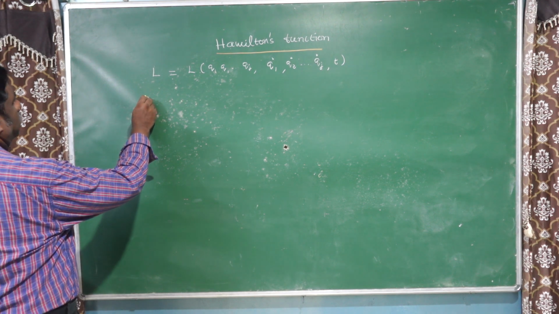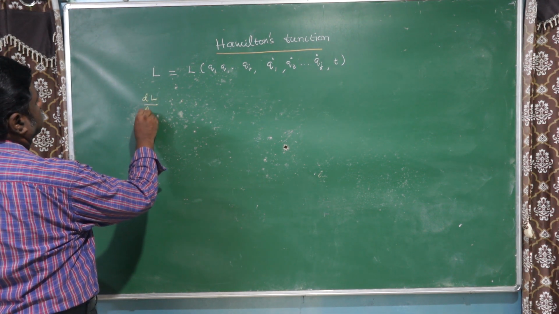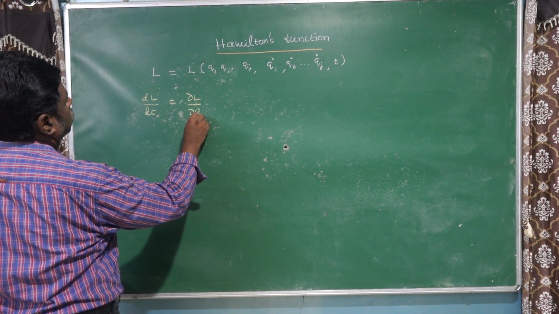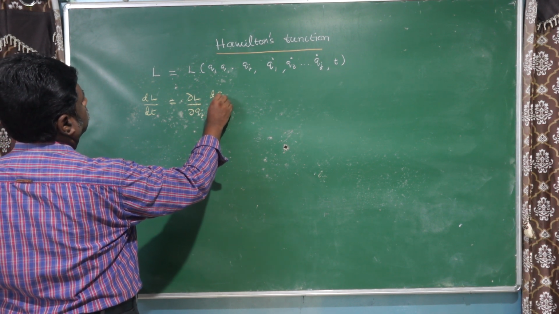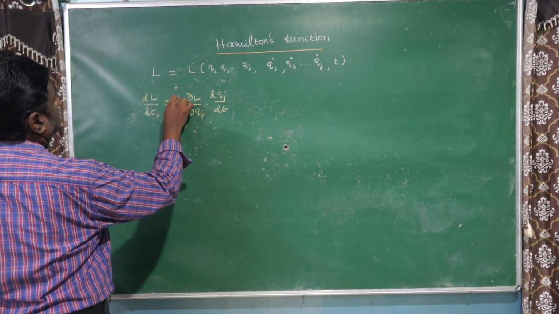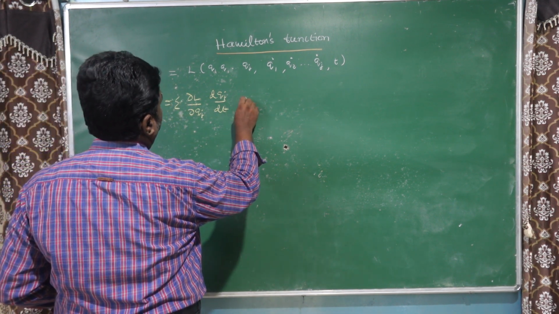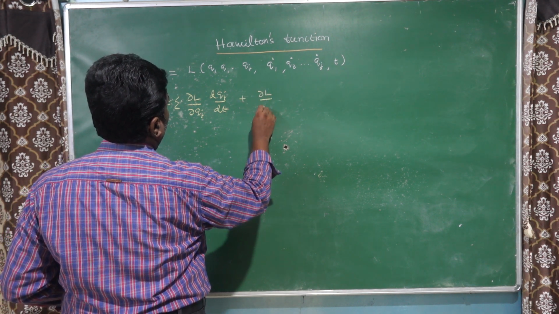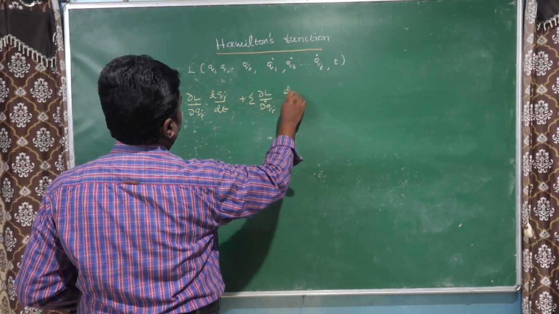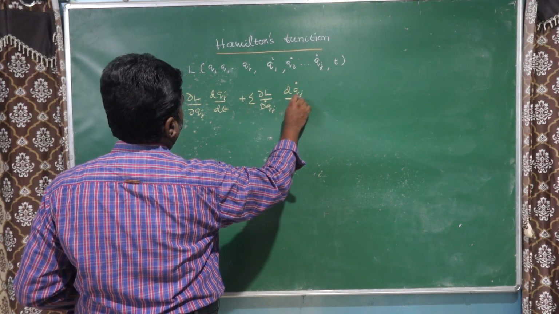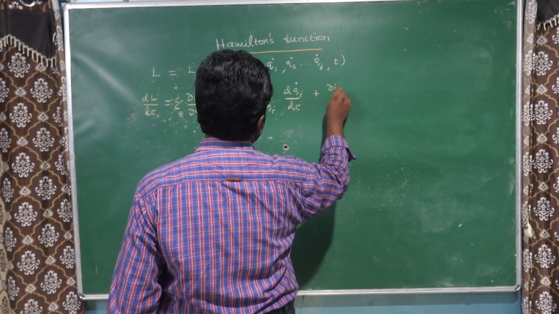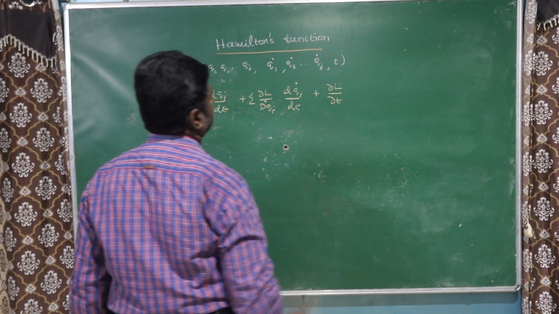Find out dL by dt. dL by dt equal to ∂L by ∂qj into dqj by dt, plus ∂L by ∂qj dot into dqj dot by dt, plus ∂L by ∂t, dt by dt 1.